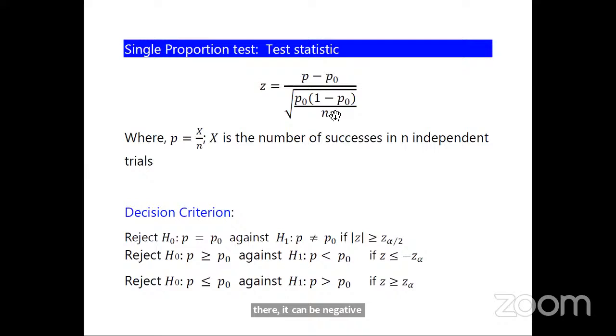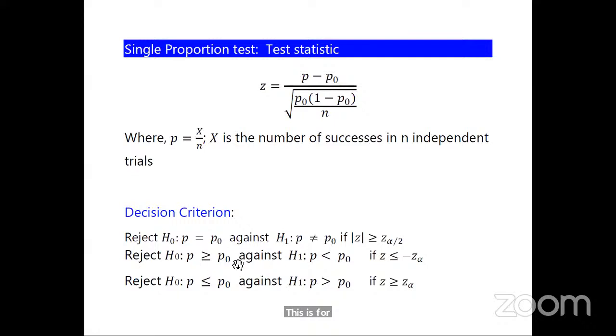Whatever it is, we will consider mod Z, meaning only the positive value. Okay. If it is greater than or equal to Z, the table value of Z at alpha by 2, then we have to reject H0, right? This is for a two-tailed test.